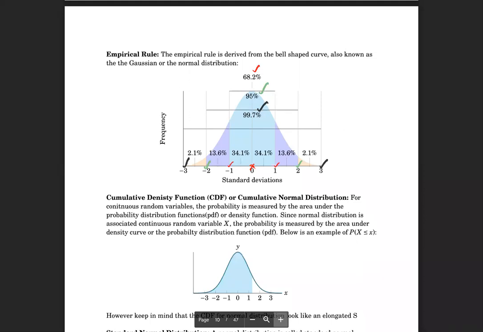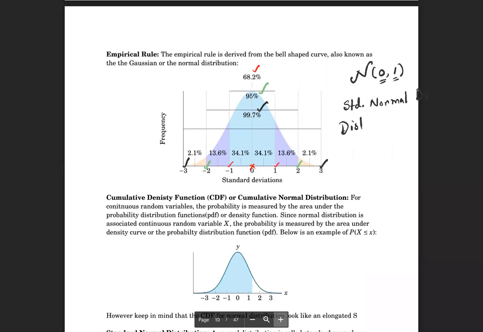One special normal distribution that I'm going to talk about has a mean mu of 0 and standard deviation sigma of 1. This is called the standard normal distribution.